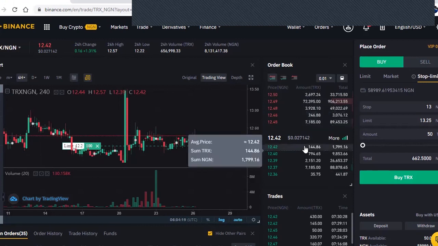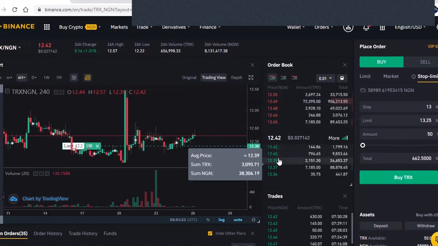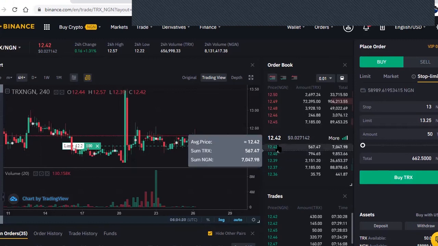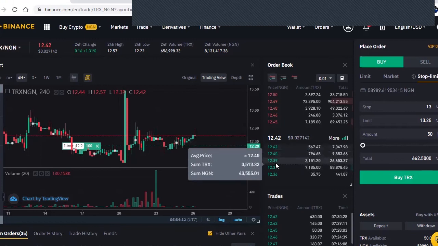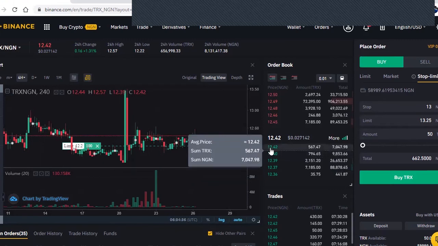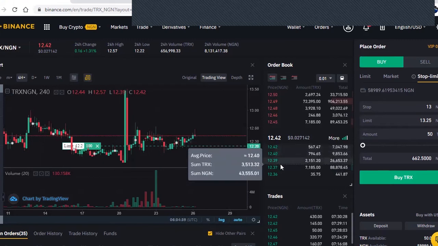Okay, the same thing here. People are willing to buy at this price. They want to take a position, they want to buy. So we can see different prices here now. 12 naira 39 kobo, in terms of the volume of trons, we have about 2,151.20.